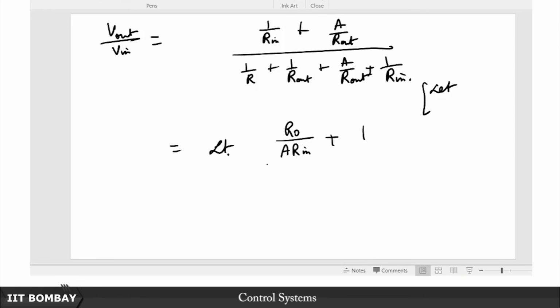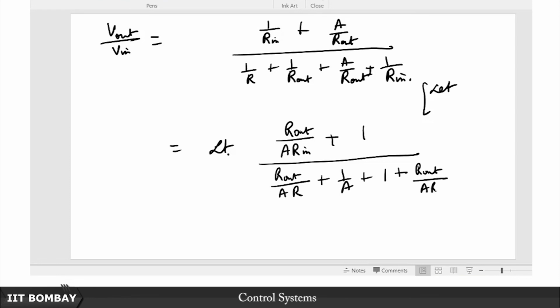All the terms that tend to 0, like R out, I am keeping in the numerator. So then I will have R out upon A R plus 1 by A plus 1 plus R out by A R in. Now you are in a better position.